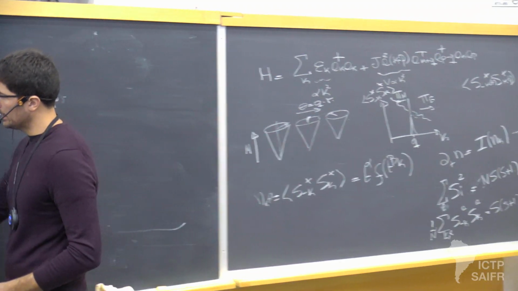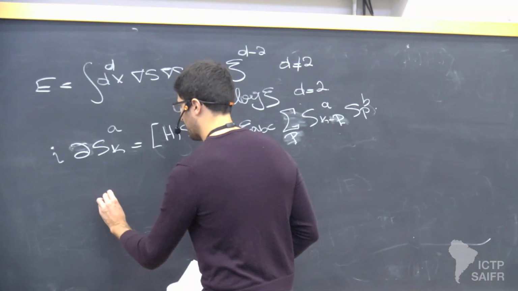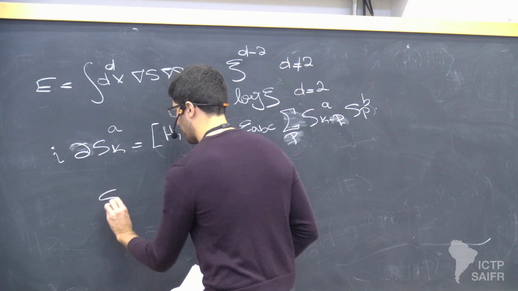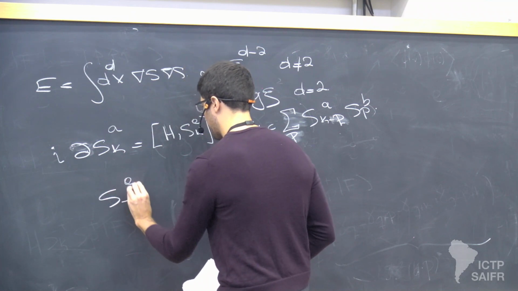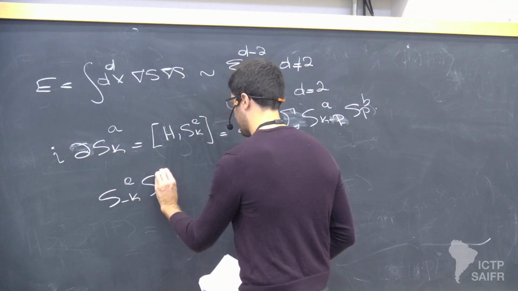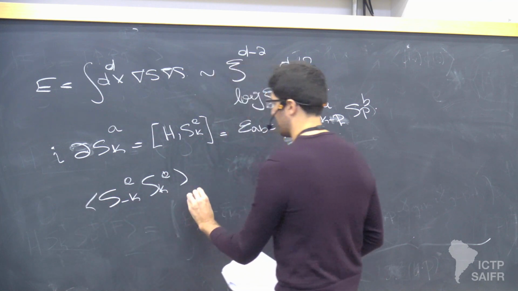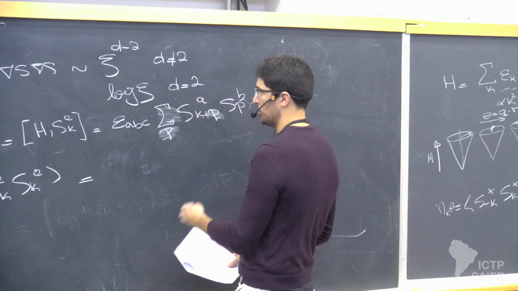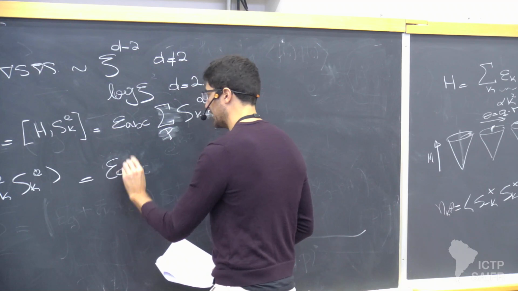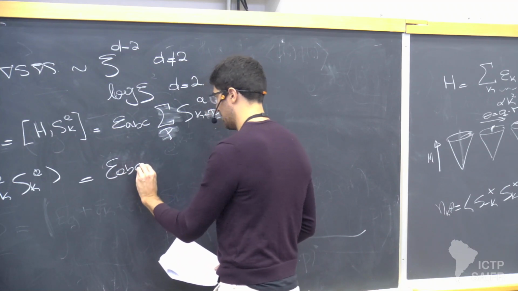And what I want to find is the scaling of the 2-point correlation function, S_k^a, where from the equations of motion, this is the Levi-Civita symbol.